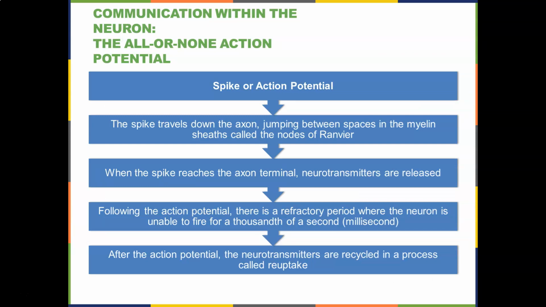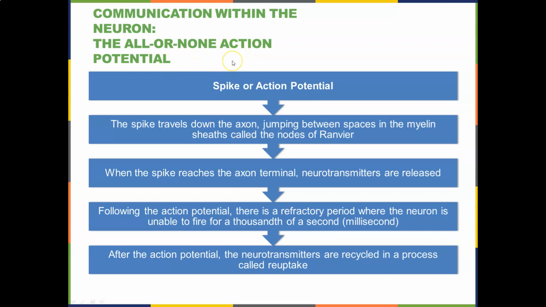Okay, so what's important to understand here, definitely pause this and look at each of these, is this term right here, the all or none action potential. Excuse me, I said nothing, but it's actually none. All or none action potential.